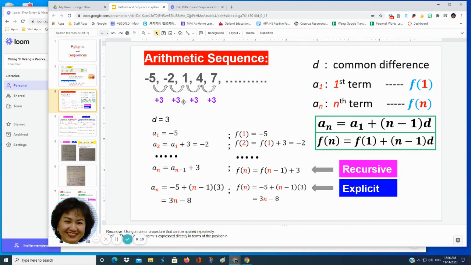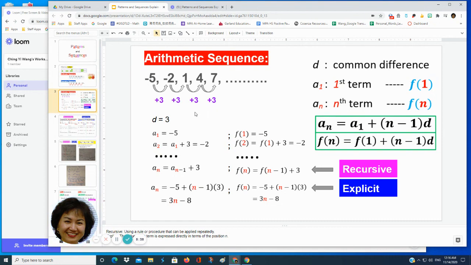So how do we find the fifth term? For the fifth term, n equals 5. So we just use negative 5, that's the first term, plus 1, 2, 3, 4, four of the 3. We will get 7. That's what this formula means.